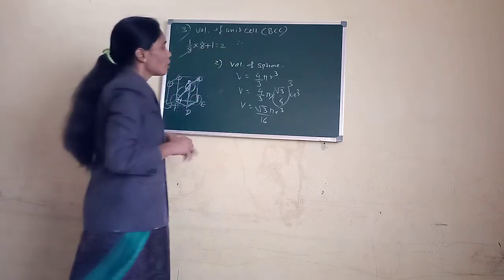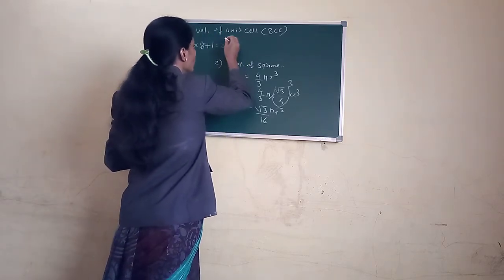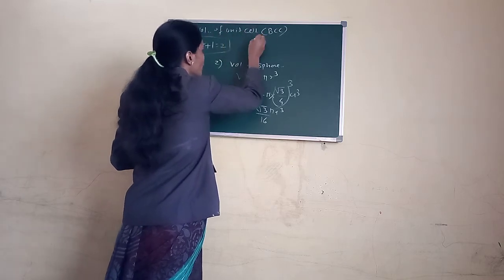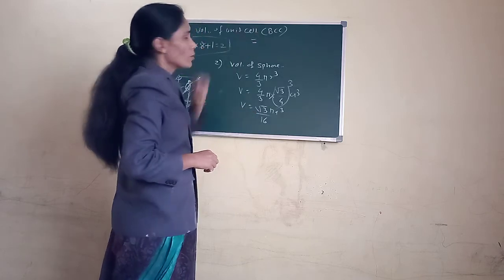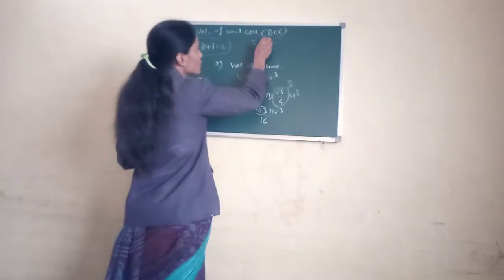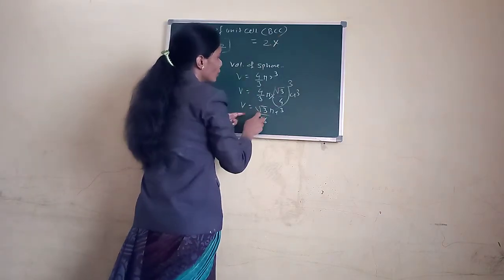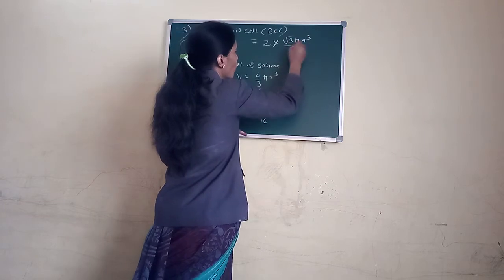Therefore the total volume of unit cell is equal to the volume of one sphere into number of atoms. The number of atoms in BCC is 2 into volume of one sphere, under root 3 pi a cube upon 16.